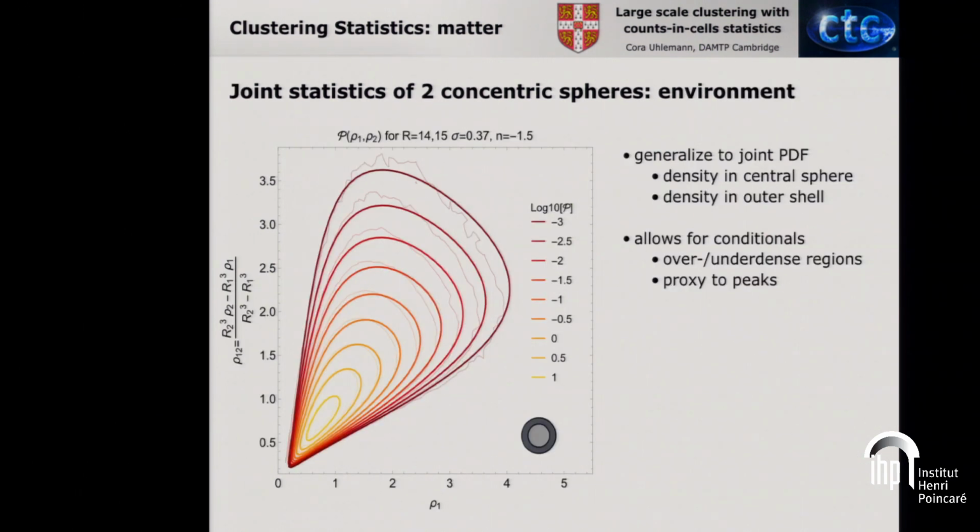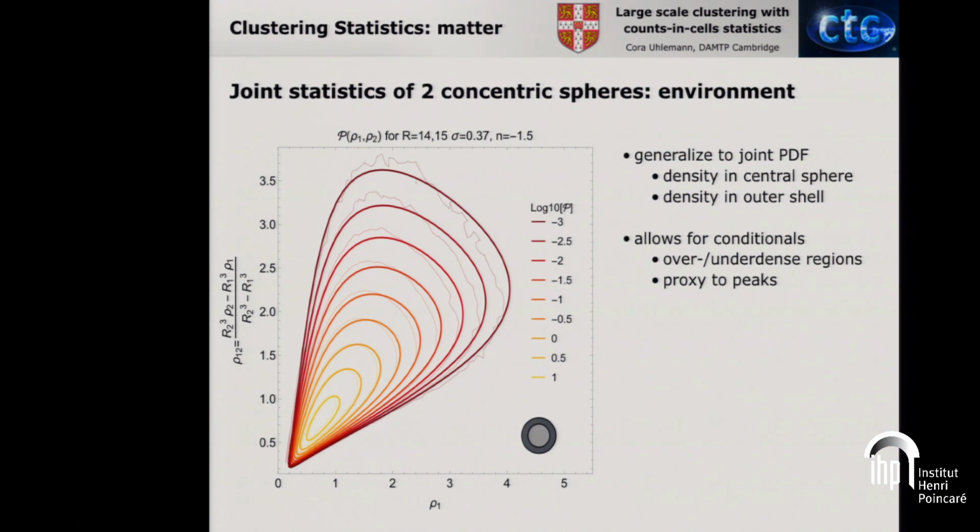So now you can ask, what else could we do? So instead of just looking at the statistics of one sphere, you could now draw concentric spheres and basically ask, what is the joint probability of finding a density rho 1 in the inner sphere and a density rho 2 in the outer sphere, or then a density rho 1,2 in the shell.